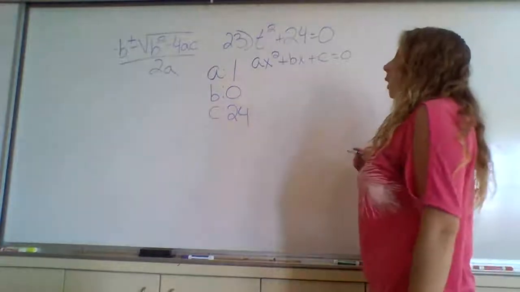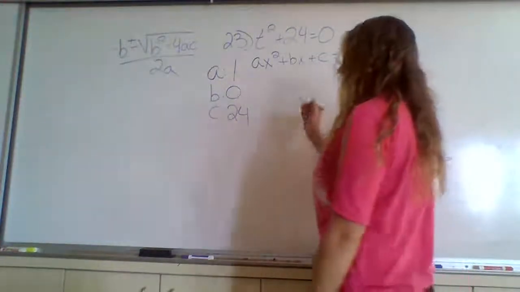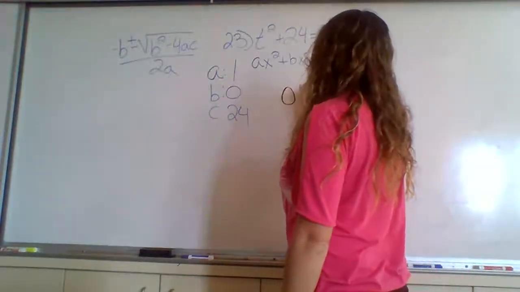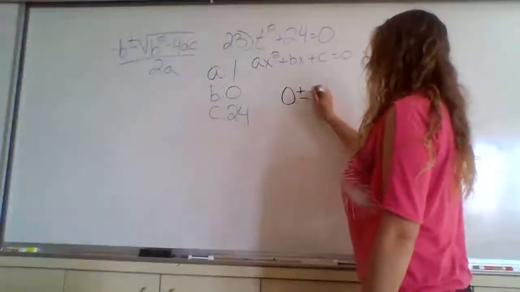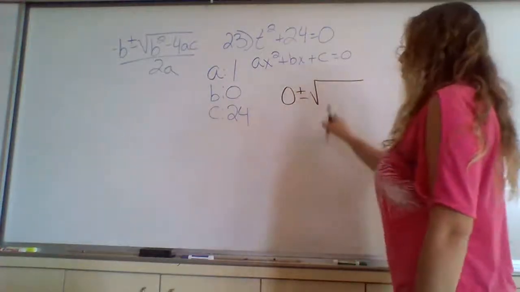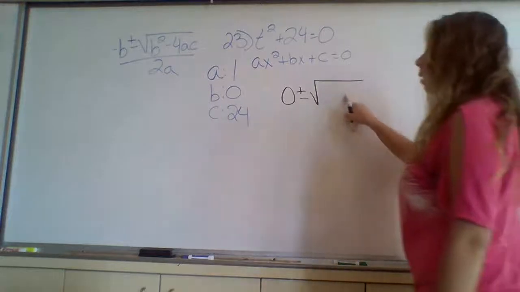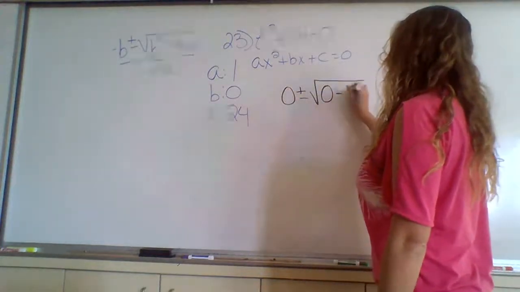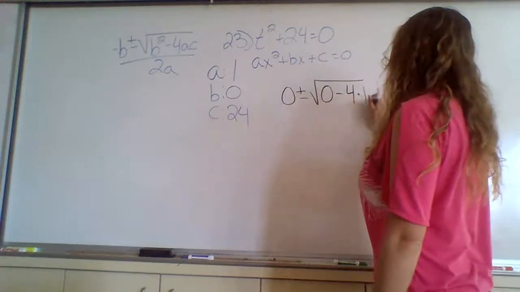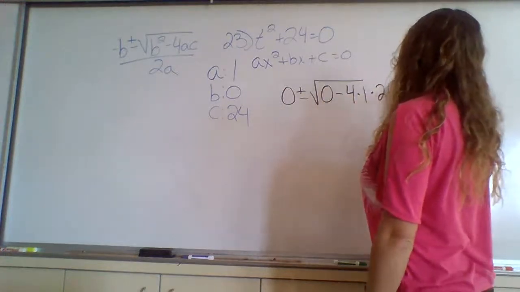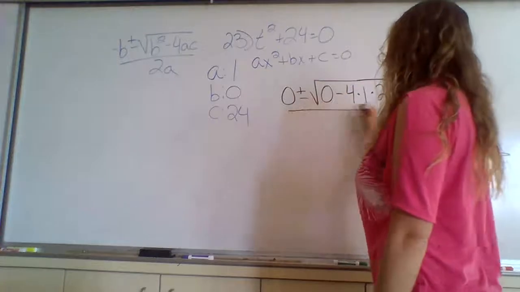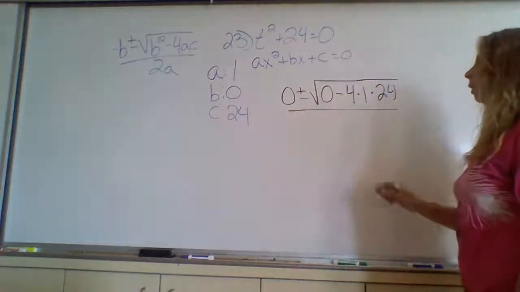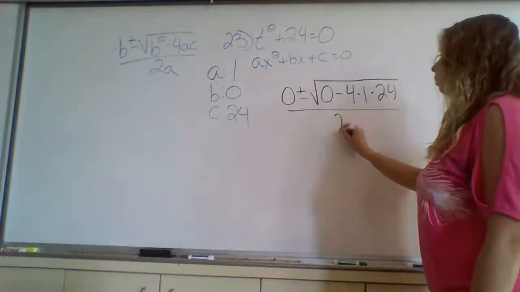Negative b, so b is 0, plus or minus. Now we're going to do our discriminant: b squared, which is still 0, minus 4 times a, which is 1, times c, which is 24, all over 2a. 2 times 1 is 2.